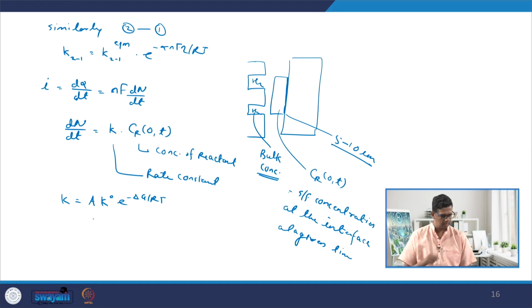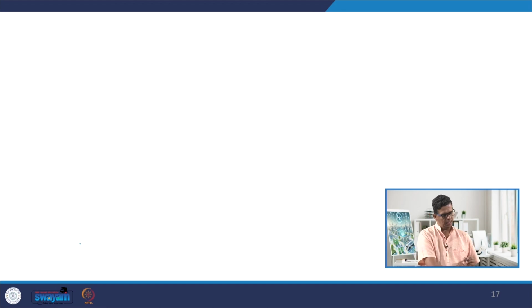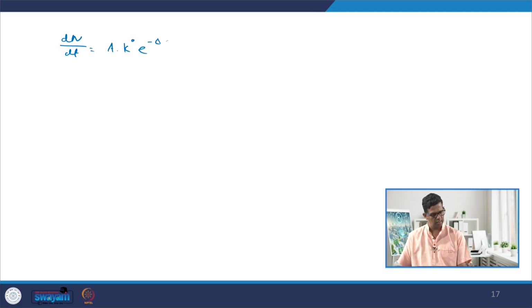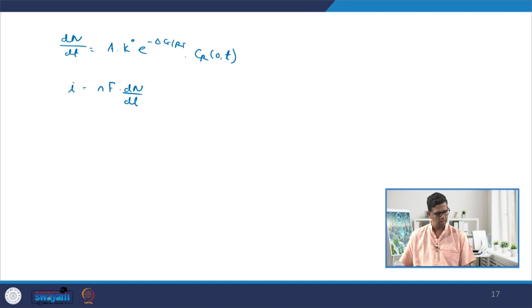Here A is nothing but the area of the electrode, and k naught we will see shortly. So dN by dt equals A k naught e to the power minus delta G by RT times Cr(0,t), and we know current is nF dN by dt.